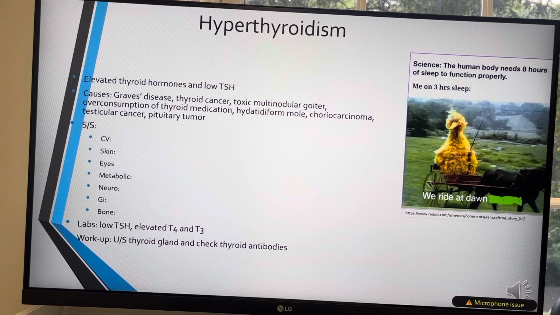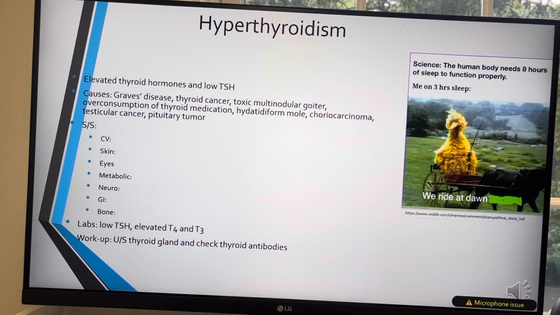This is known as a hydatidiform mole. Molar pregnancy, same thing. But the women appear to be pregnant, but they're not. So they have nausea, vomiting, vaginal bleeding, hypertension. Choriocarcinoma is cancer of the uterus. That's true cancer. There'll be pain, there will be vaginal bleeding.